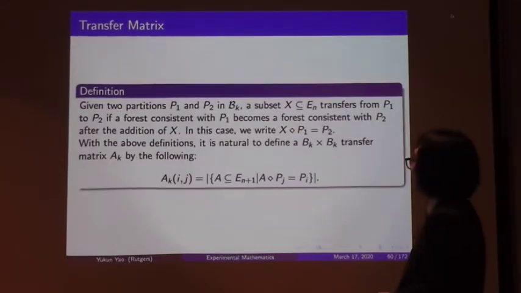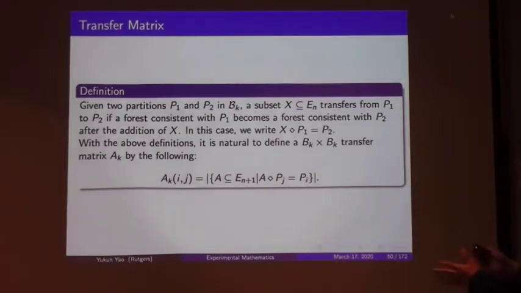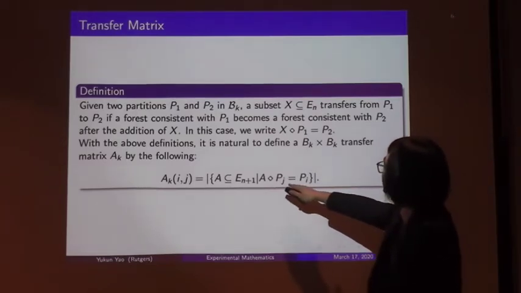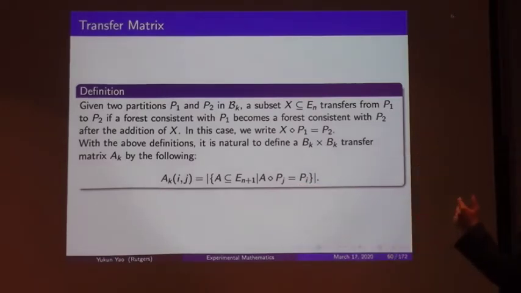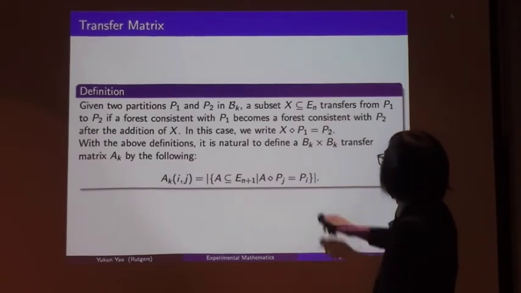And then for the transfer matrix, we define the ij entry to be the number of sets which can transfer the forest consistent with the j-th partition to the i-th.